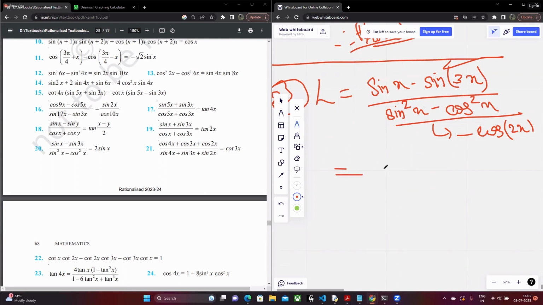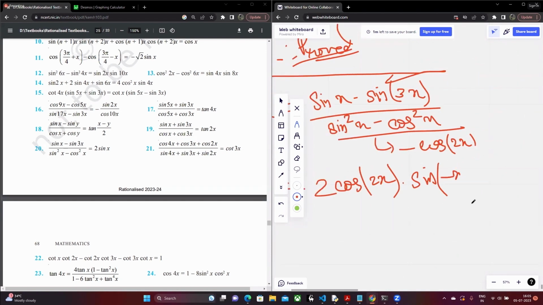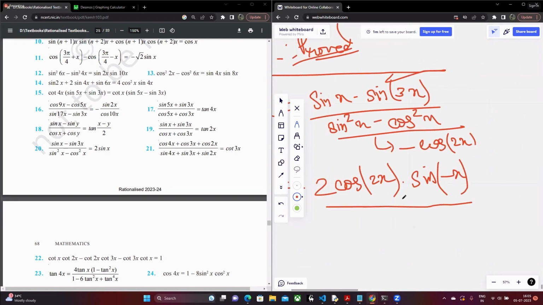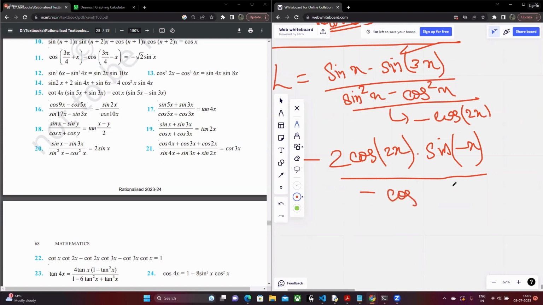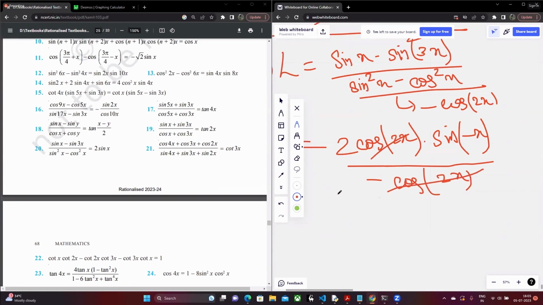So the numerator is going to be your normal sin x minus sin 3x, which is going to be 2 cos of x plus 3x by 2, that is going to be 2x, into sine of x minus 3x by 2, that is going to be minus x, whole divided by minus cos of 2x. Cos 2x and cos 2x cancel out.